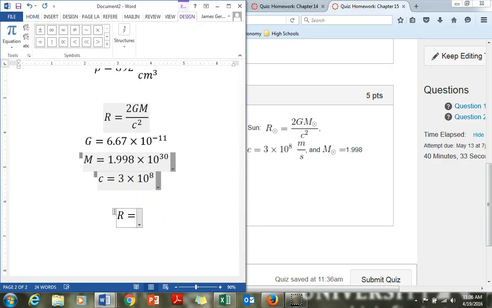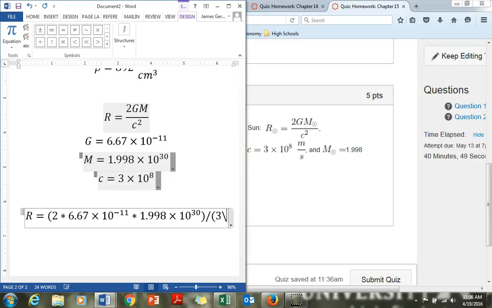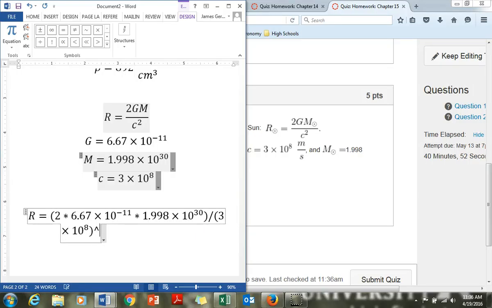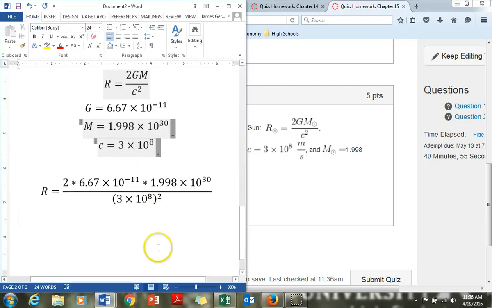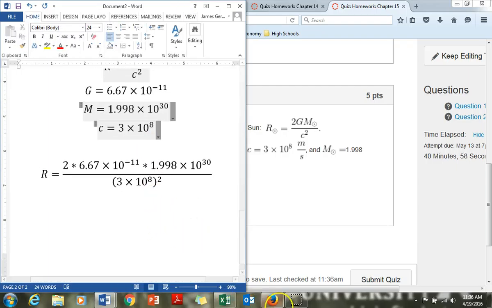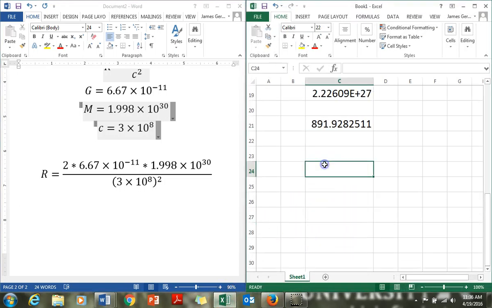So R is going to be 2 times 6.67 times 10 to the minus 11 times 1.998 times 10 to the 30th divided by 3 times 10 to the 8th squared. So 2961 kilometers.